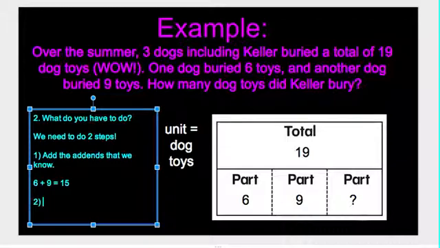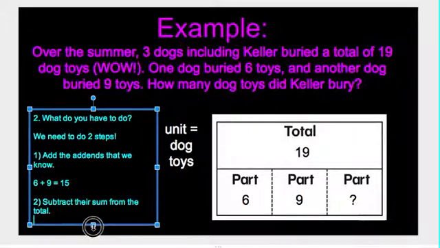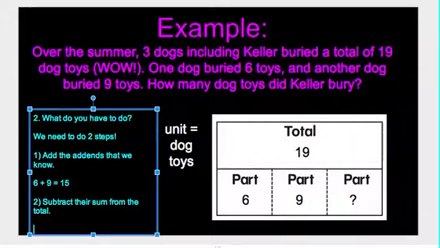The second thing we have to do is subtract their sum from the total. So 15 is what we got when we added the 2 addends together.